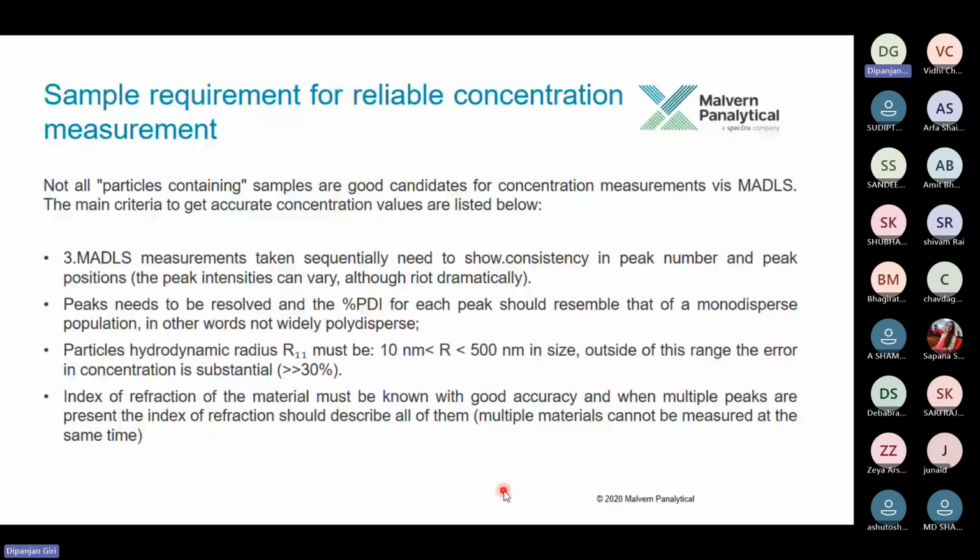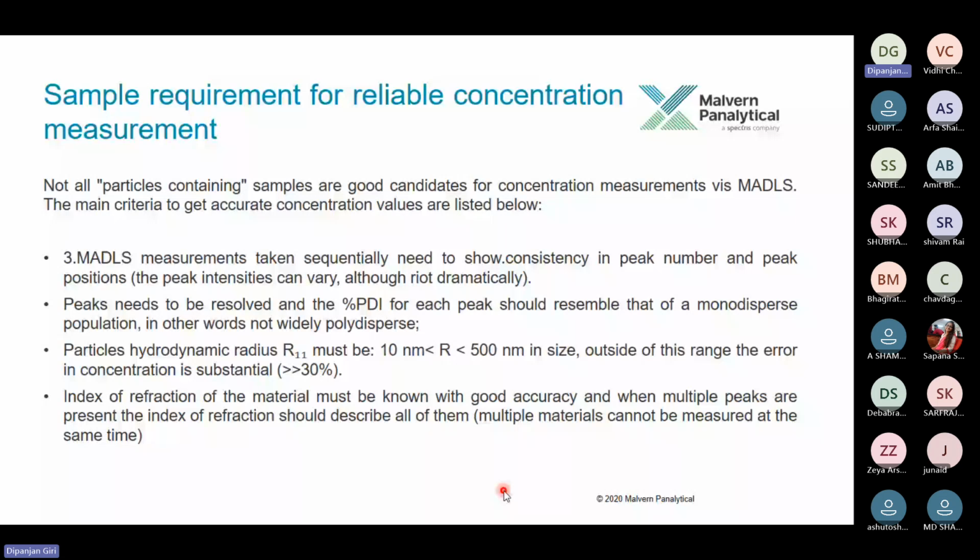So usually what we do is take three MATLAB measurements sequentially, and they need to show consistency in the peak number and the peak position. The intensity may vary, but it should not vary dramatically. And the peaks need to be resolved, and the PDI for each peak should resemble a monodispersed population. In other words, it should not be widely dispersed.